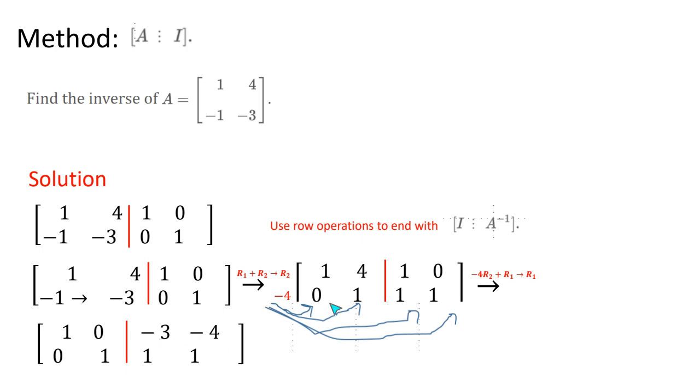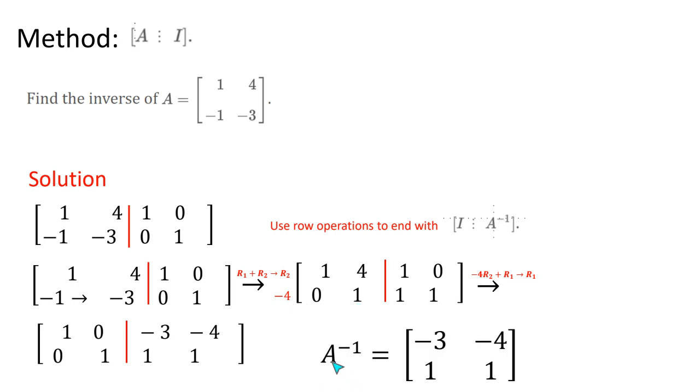And -4 times 1 is -4, plus 0 is -4. As you can see, now we have the identity matrix on the left side, and whatever's left on the right is going to be your inverse. So we can write it as A inverse is equal to -3, -4, 1, and 1.